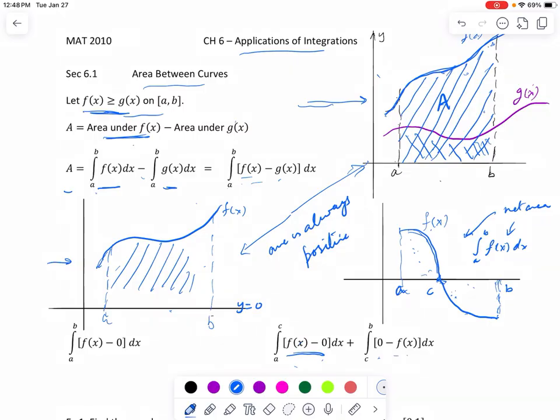Then we will get a positive answer, positive area. We'll get these two added. So this can now be written as the integral from a to c of f of x plus the integral from c to b of negative f of x.